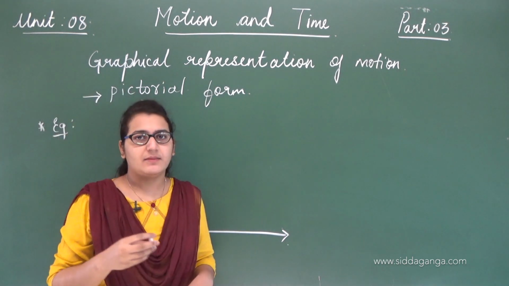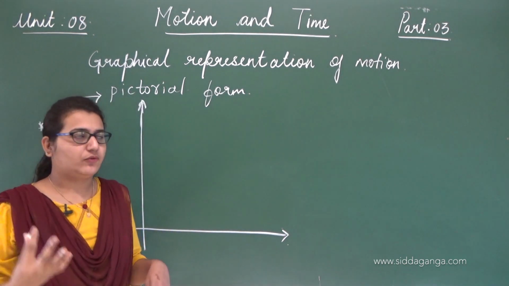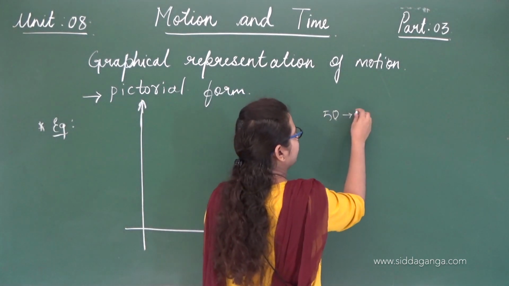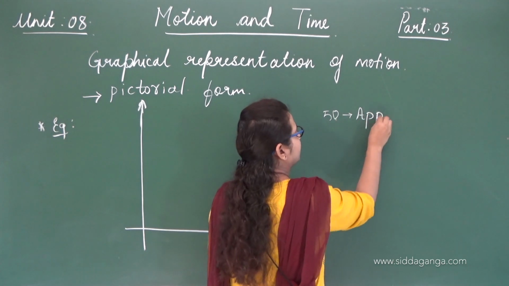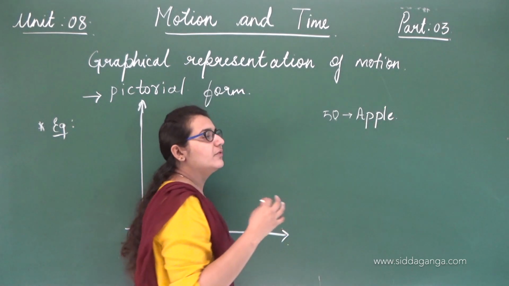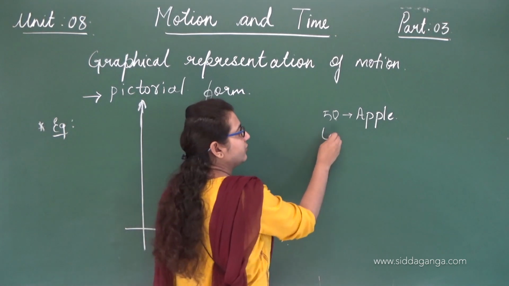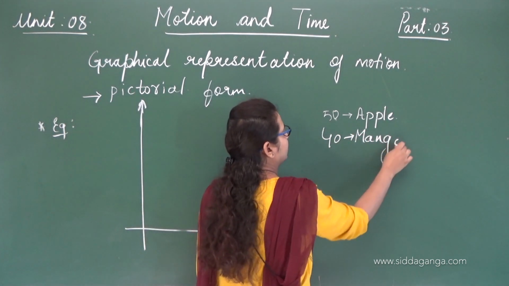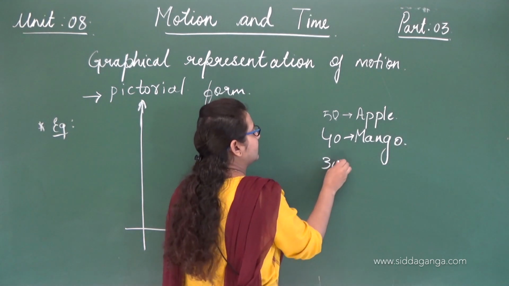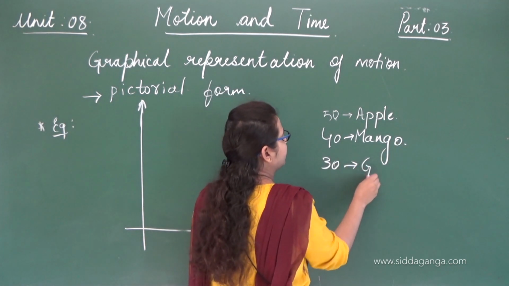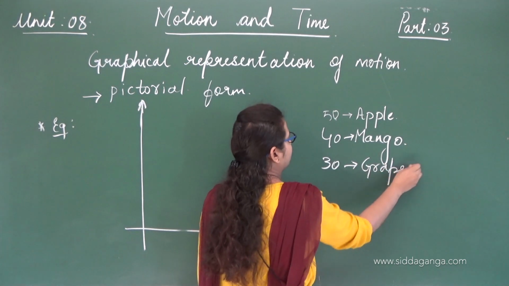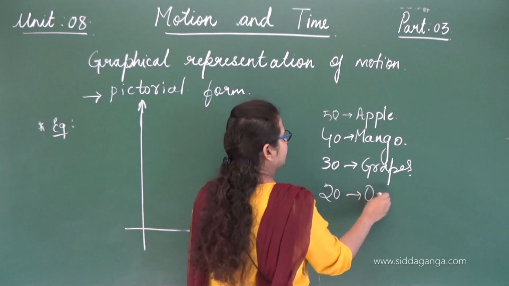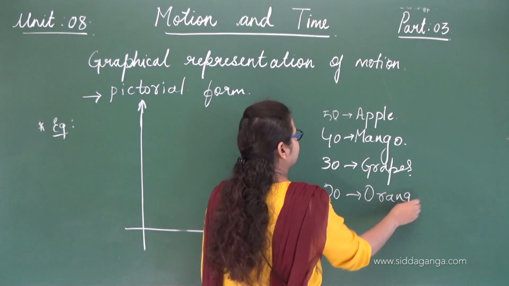For example, just assume around 50 students like apple, around 40 like mango, around 30 students like grapes, and around 20 students like oranges.